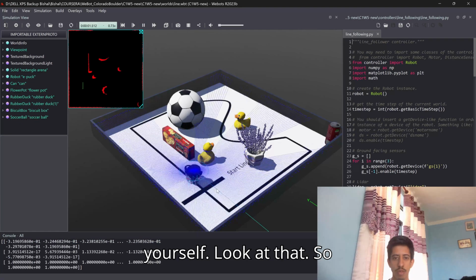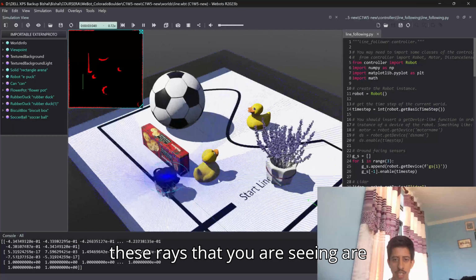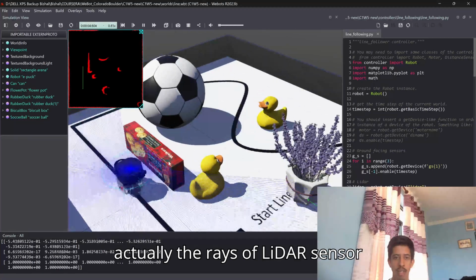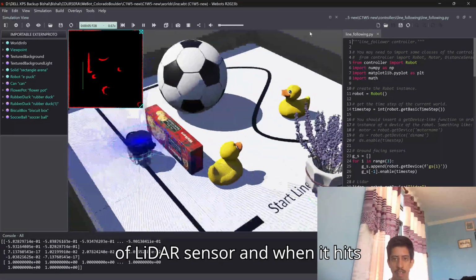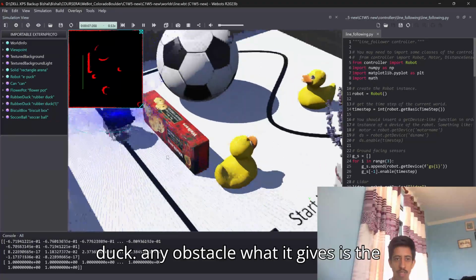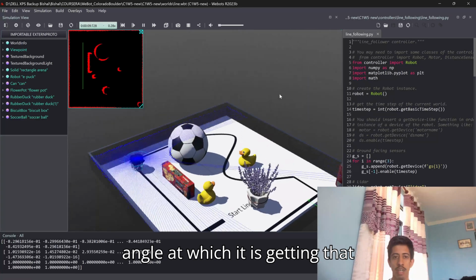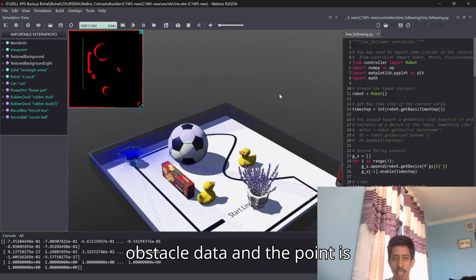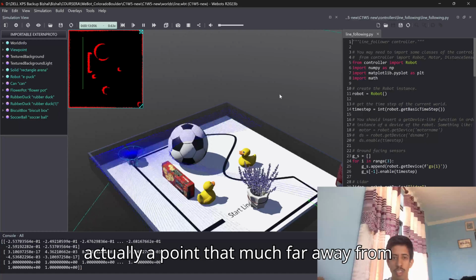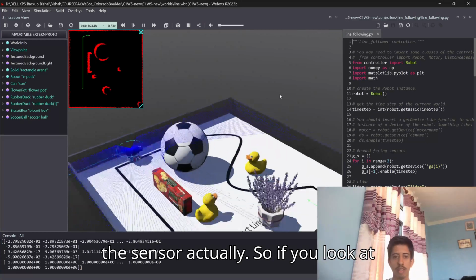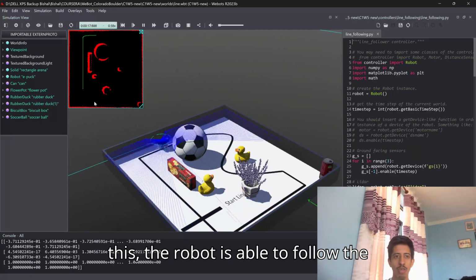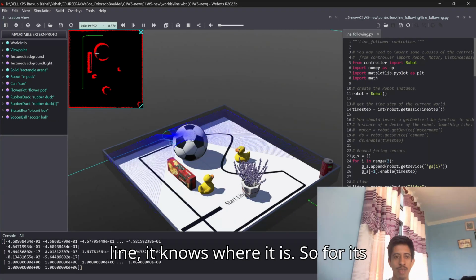Look at that. These rays that you are seeing are the rays of the LiDAR sensor. When it hits any obstacle, what it gives is the angle at which it is getting that obstacle data, and the point is that much far away from the sensor. If you look at this, the robot is able to follow the line, and it knows where it is.